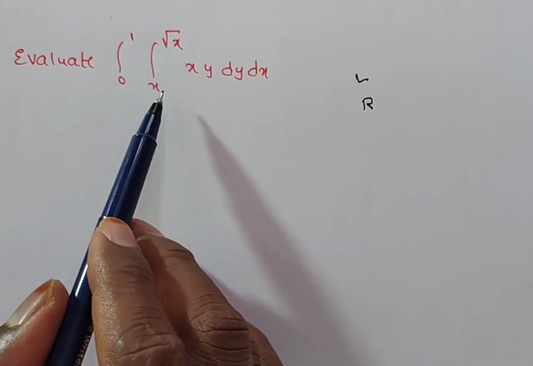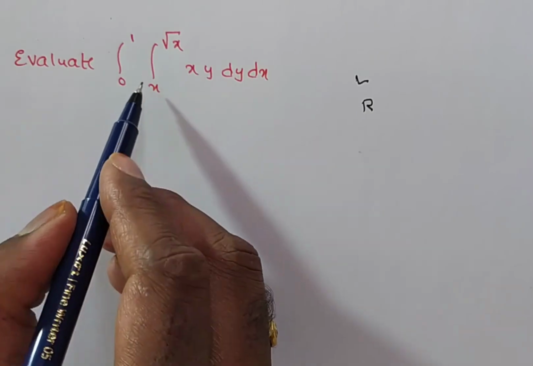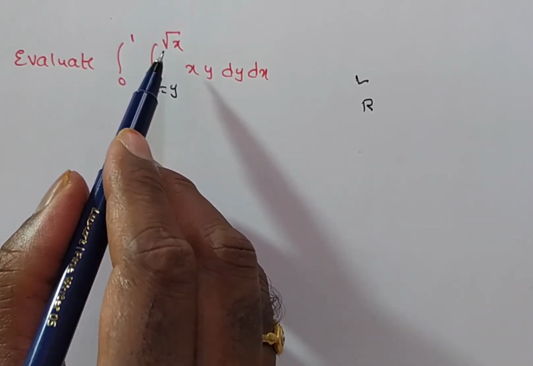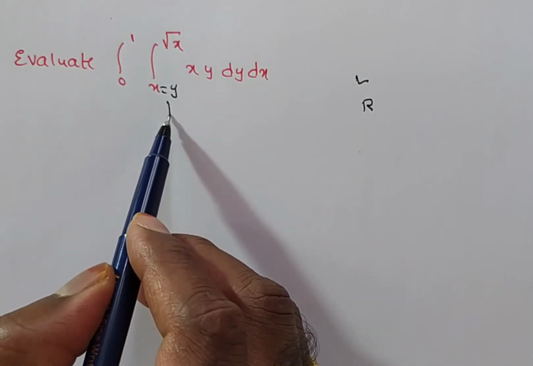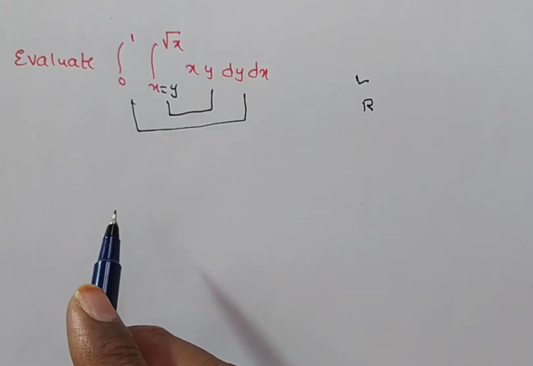So what is the dependent variable here? It is a function of x. The function of x is the limit for y, that is, y equals x and y equals root x. So first we have to integrate with respect to y and later with respect to x. Is it clear for everyone?